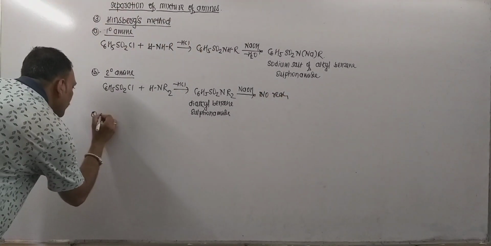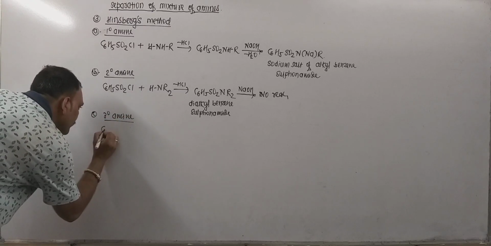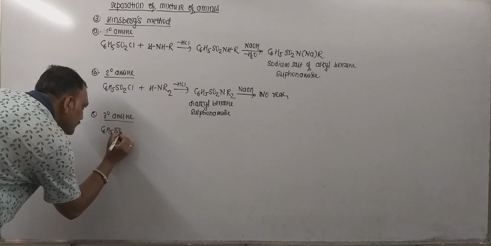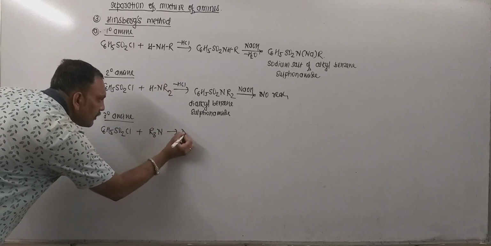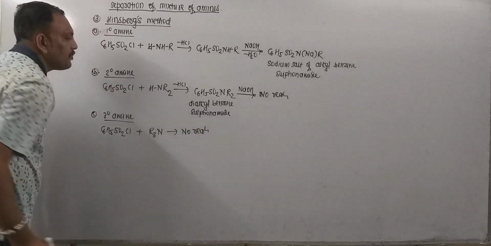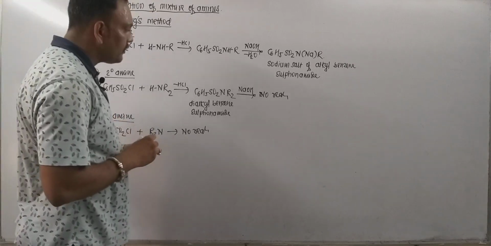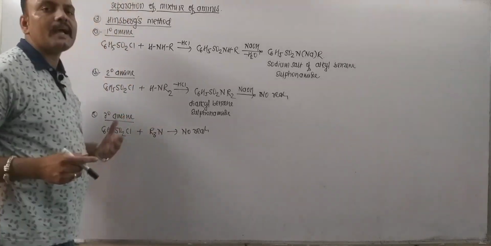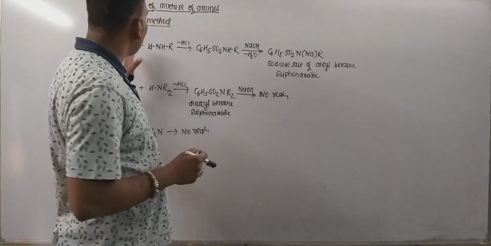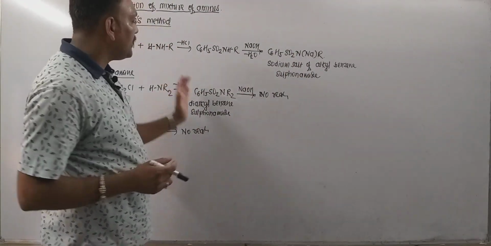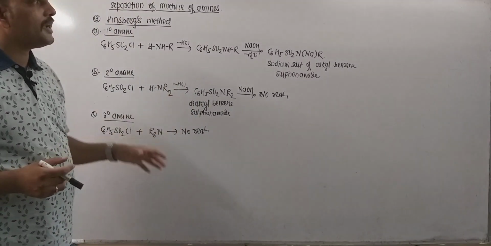And 3 degree amines do not react at all with Hinsberg's reagent, C6H5SO2Cl. When it comes in contact with tertiary amine, no reaction takes place. Thus, after completion of the reaction, what we have is a mixture of sodium salt of alkyl benzene sulfonamide from the primary amine, dialkyl benzene sulfonamide from the secondary amine, and tertiary amine remaining as it is.